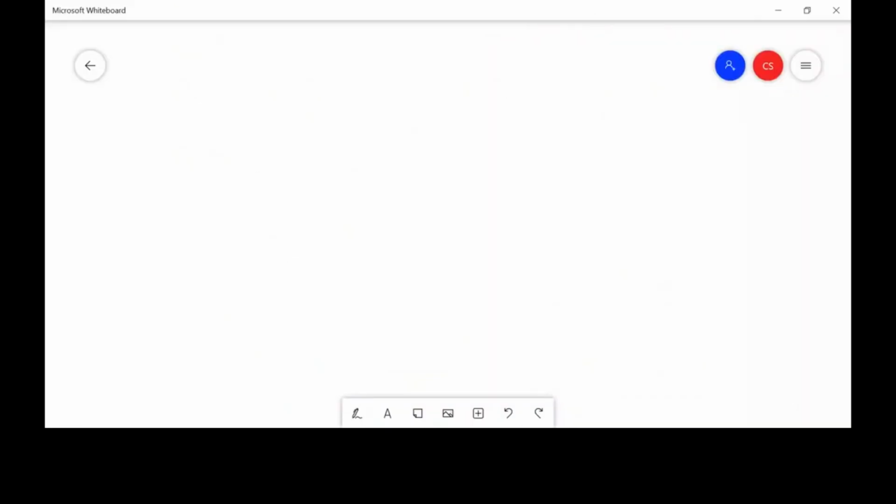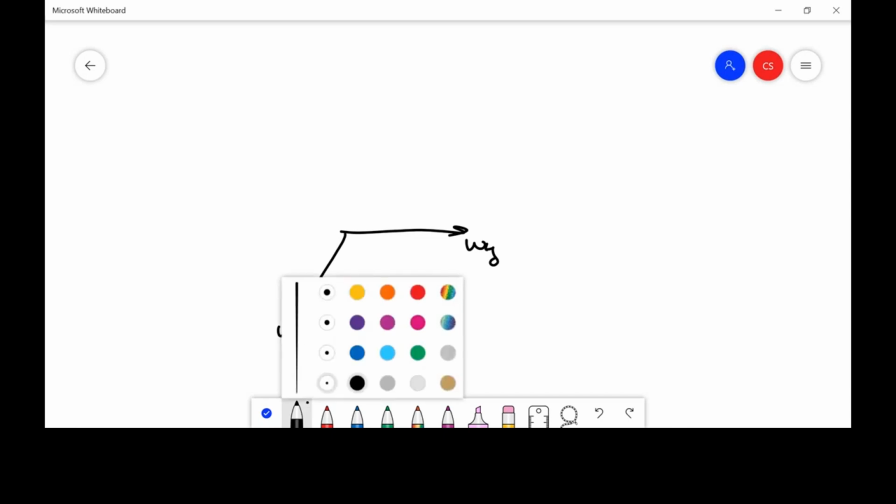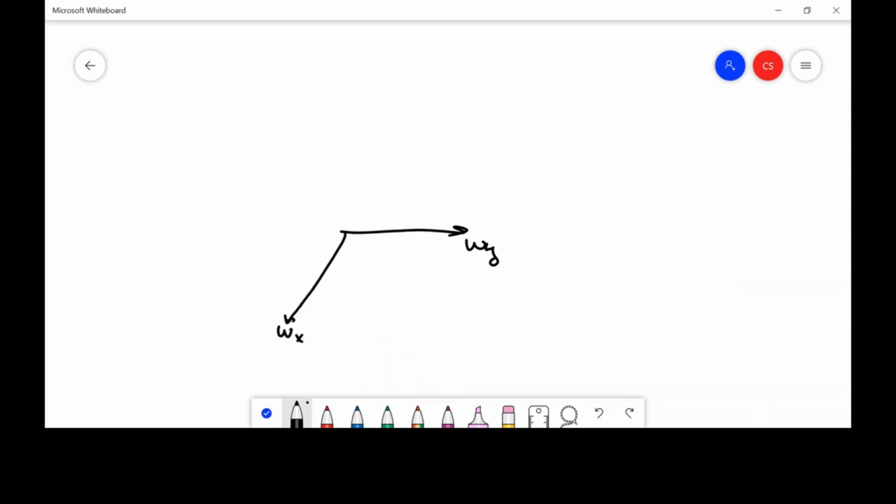So let's say that we have here Wx, Wy is 2, 3, that's it.